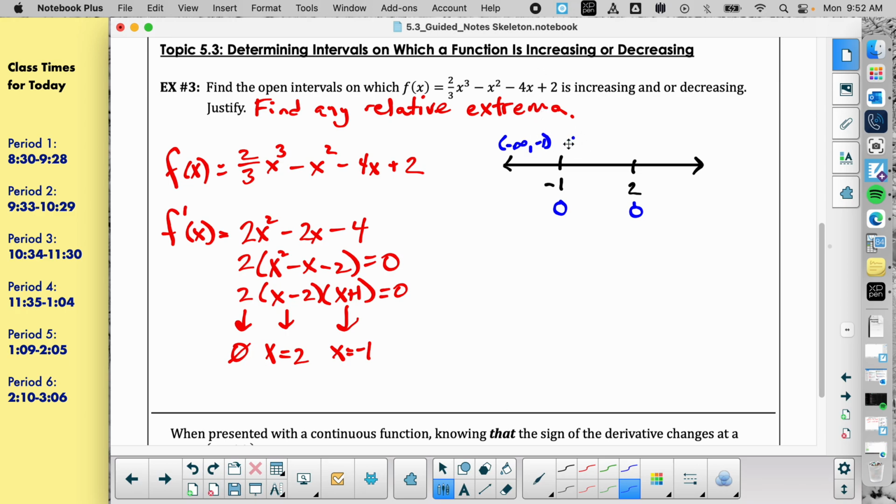My next section is from negative 1 to 2. My third section is from 2 to infinity. If you were to write this info as a table, these intervals would be the headings on the table. So it's kind of the same way to present it. A table for me just for some reason confuses my brain.